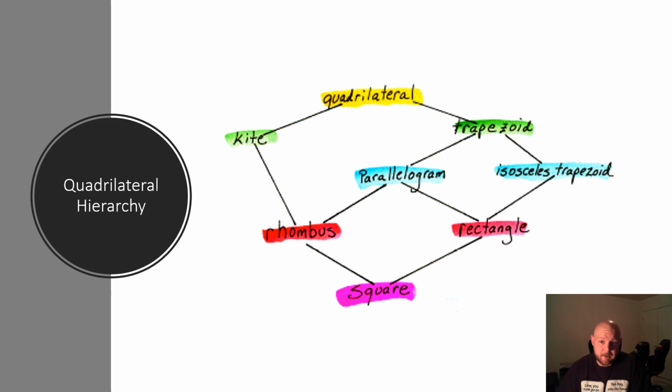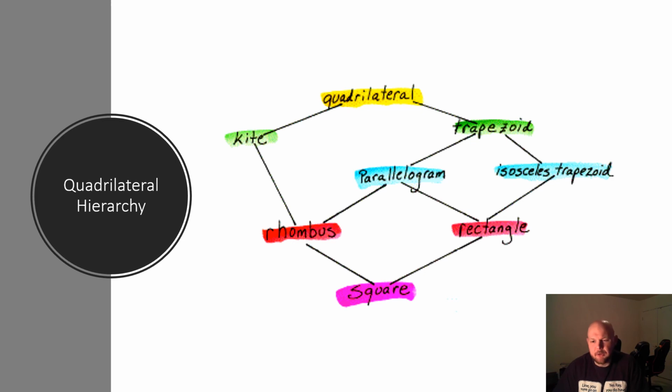This is where we check that out. A square is a specific type of rectangle. Just like we can say that all rhombi are kites, but not all kites are rhombi, or all parallelograms are trapezoids, but not all trapezoids are parallelograms.